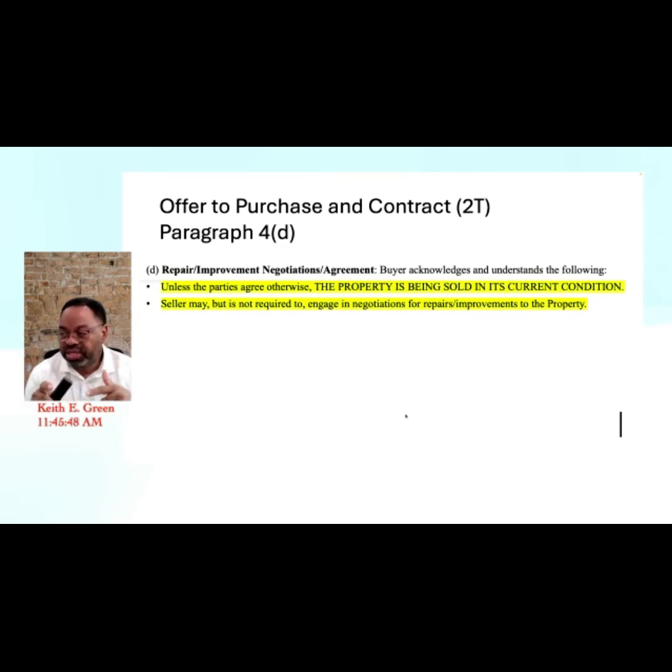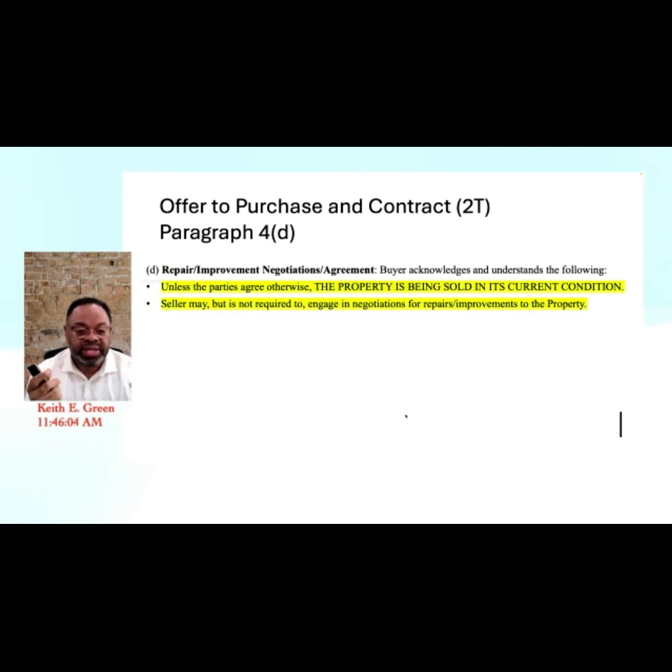And we'll look at some more parts to that, but the bullets speak for themselves. Unless the parties agree otherwise, the property is being sold in its current condition. Seller may, but is not required to, engage in negotiations for repairs or improvements to the property.